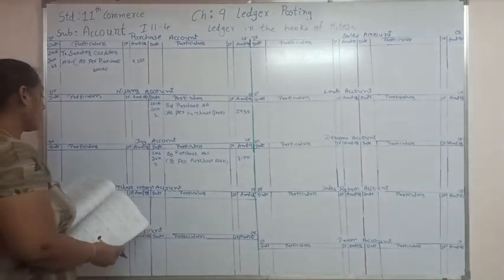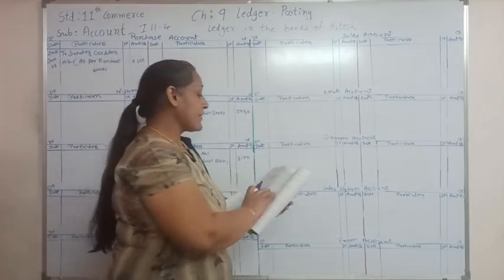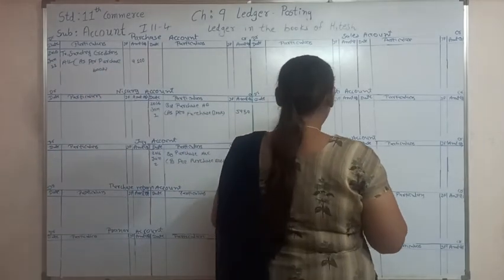Now we are going to make the sales book. For the sales book, as we know, we are supposed to write on the credit side.